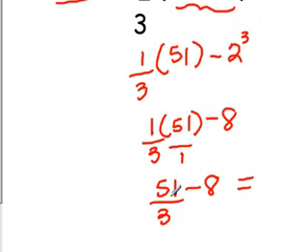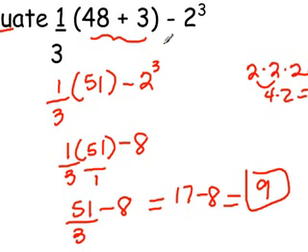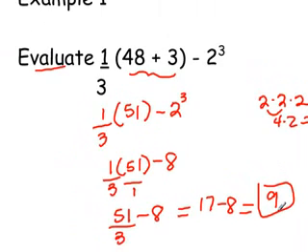A fraction is the same thing as divide. So 51 divided by 3 is 17, minus 8. And 17 minus 8 is 9. So this expression simplifies down to 9.